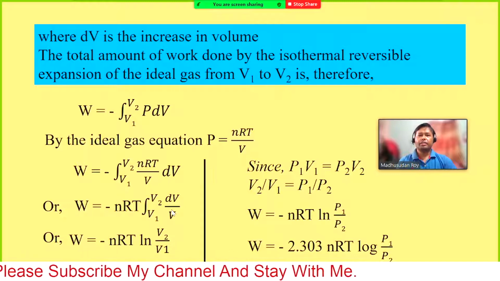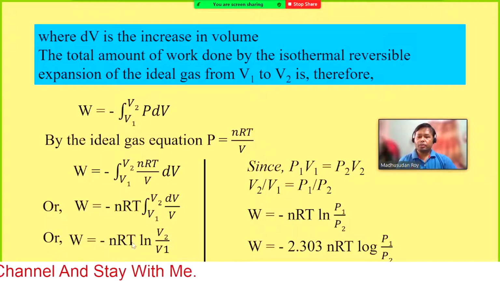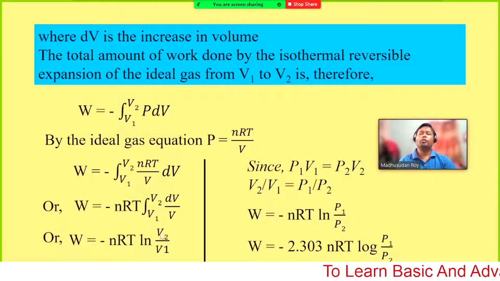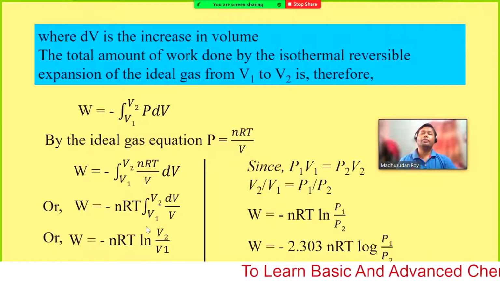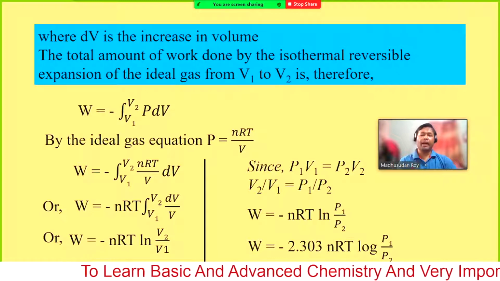Yes, ln. So we are getting ln V2 by V1. So that is our work done for the isothermal reversible expansion of an ideal gas.